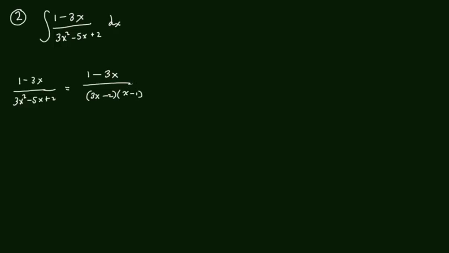I surely hope that that won't be the problem factoring. So the question again becomes a over the linear factor 3x minus 2 plus some number b over the linear factor x minus 1.